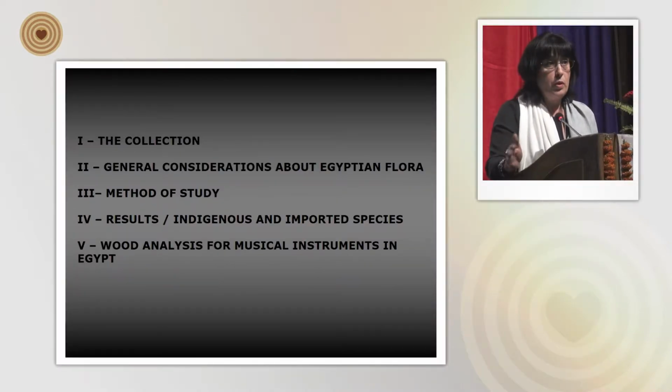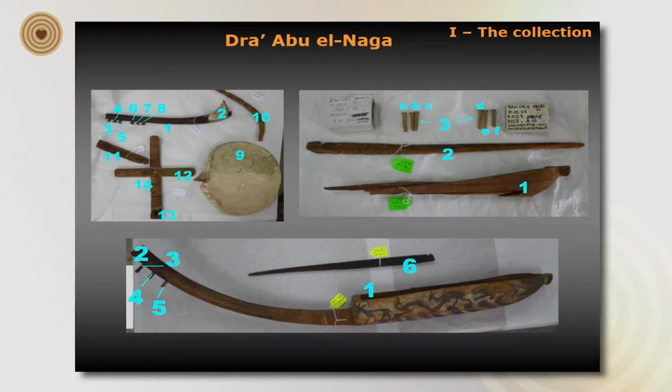I will try to follow this plan: I will show you the collection, then the general considerations of the vegetation in Egypt in order to understand what is indigenous or imported, and I will also show you some of the trees that we have identified.